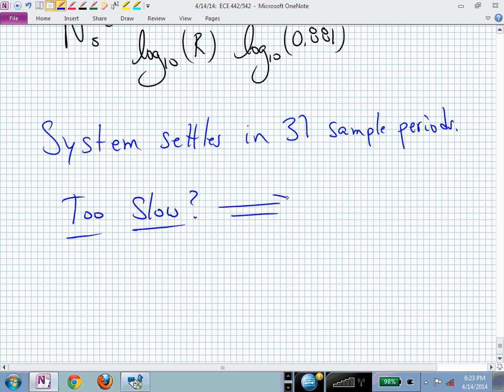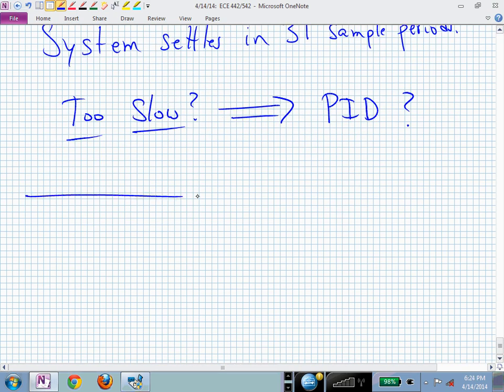Too slow. We wouldn't need to buy a vowel. We would just guess a D, wouldn't we? We would just add a D. We have a PID now, proportional integral and derivative controller, and we'll learn what that means next week.